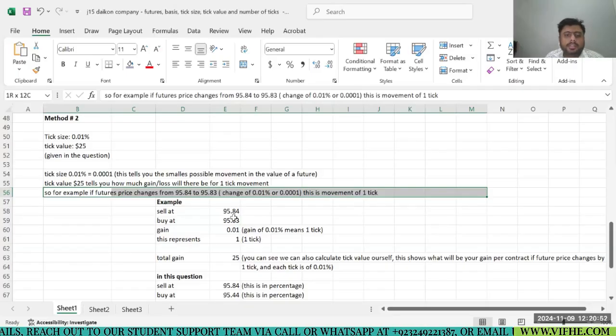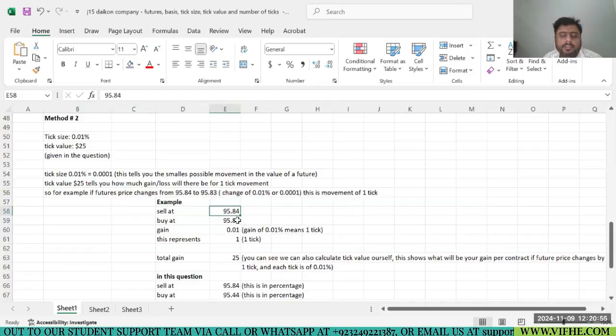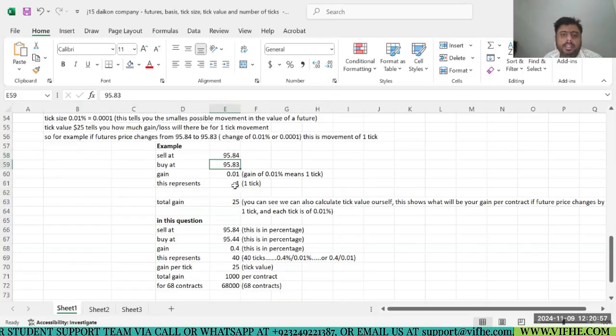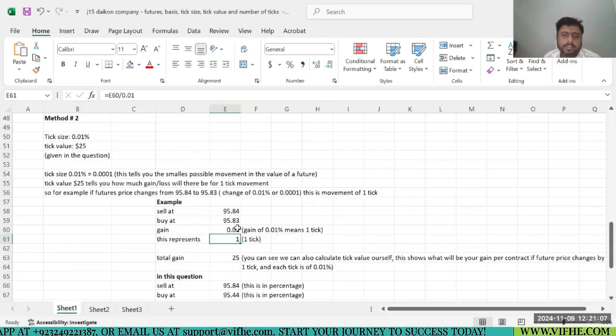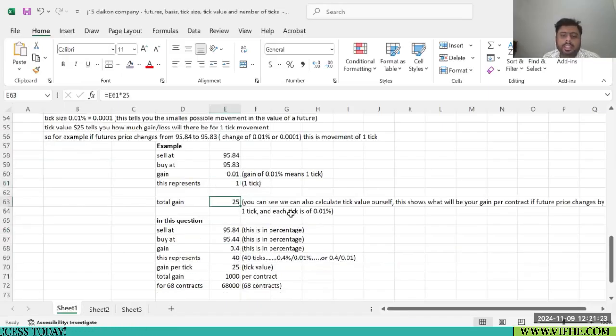So for example, if someone sold something at 95.84 and bought it at 95.83, they can say that they made a gain of 0.01, or they made a gain of one tick. Okay, this 0.01 is percentage, correct? So we can say a movement of 95.84 to 95.83 is a movement of 0.01%, and 0.01% is equivalent to one tick. So the total gain of this movement is going to be 25.